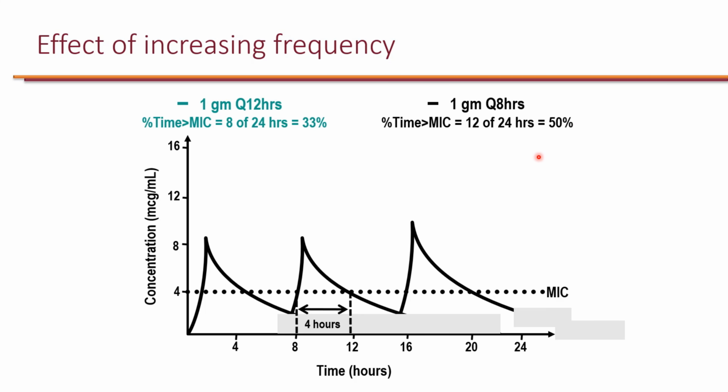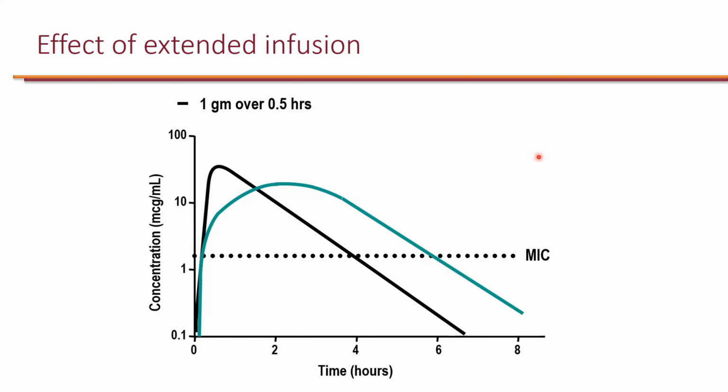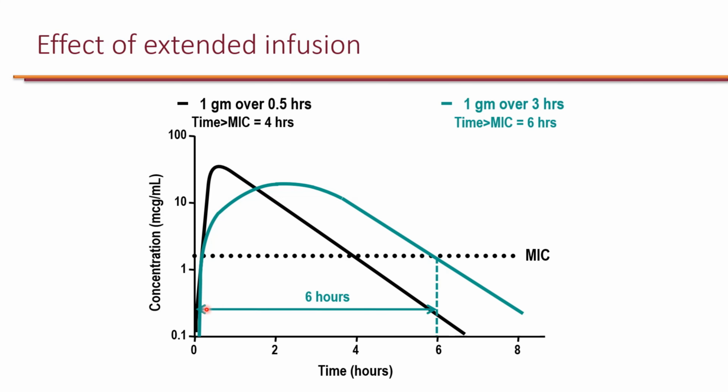Now, another thing that we can do is extend the infusion time. So normally cefepime is dosed over a 30-minute period, which gives you that 4-hour time above MIC for each dose. And if we were to infuse this instead over a 3-hour period, it actually increases the time above MIC without increasing the dose or the frequency.